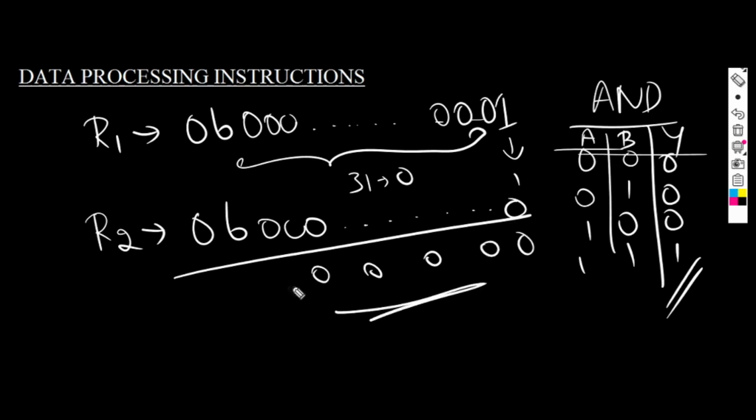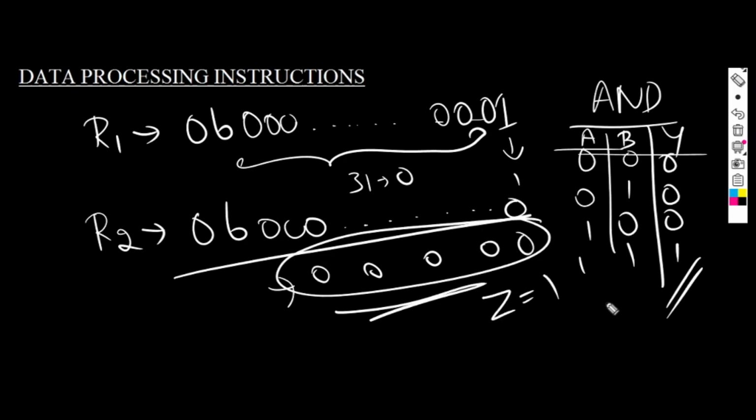So if I say discard this result but update the conditional flags, what do you think will happen? This is 0, so do you think the Z flag will be set as 1? Yes. What about carry and other flags? All other flags will be set as 0, but the Z flag is set as 1. Now this sort of comparison is required in many cases.